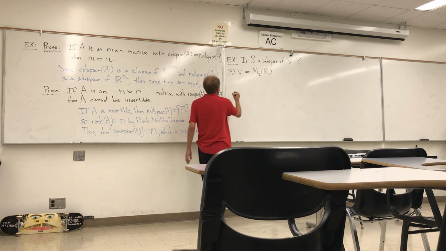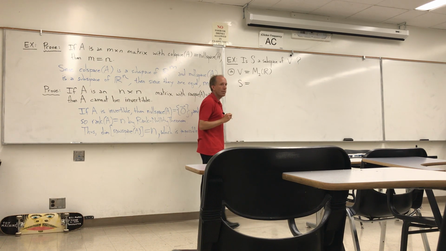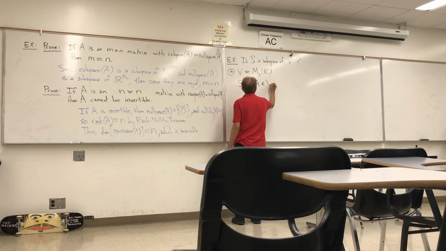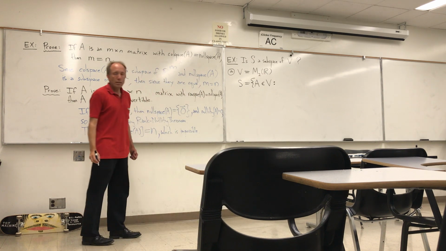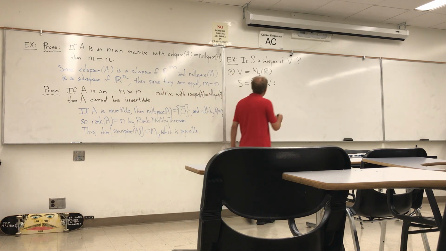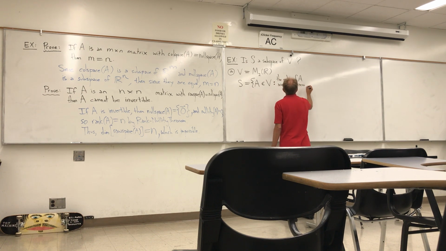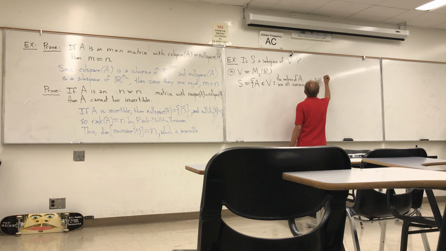And I'm going to let S be the set of A element of V, so in other words, I'm going to take the 2x2 matrices such that the entries of A are all non-zero, or A is equal to the zero matrix.